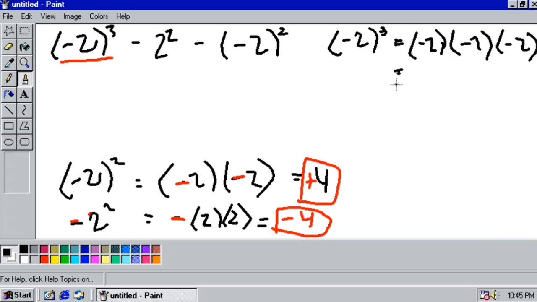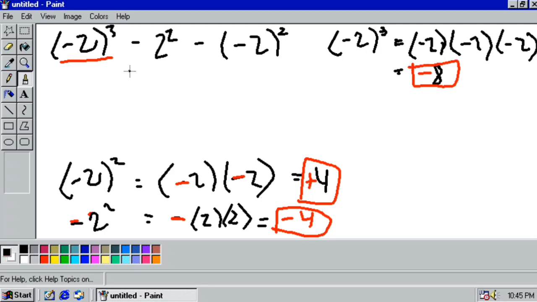Now, 2 times 2 is 4, and 4 times 2 is 8. Now, negative times negative is positive, and then positive times negative is negative. So it is negative 8.